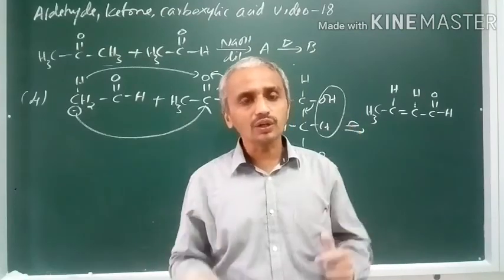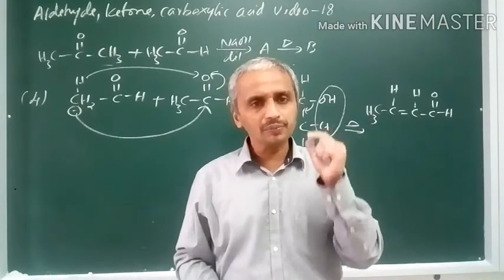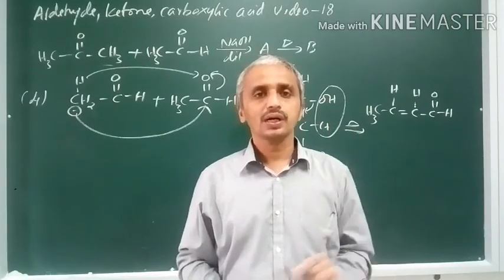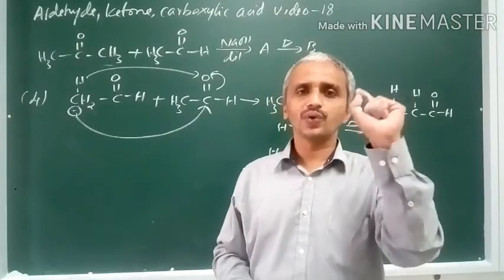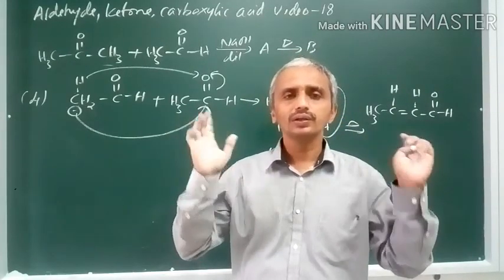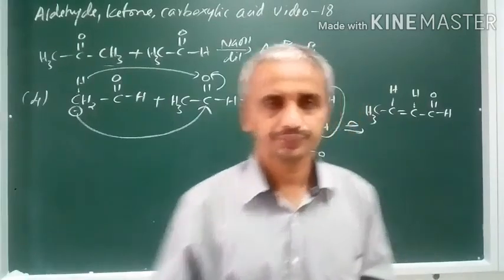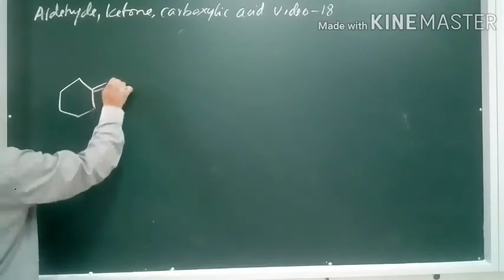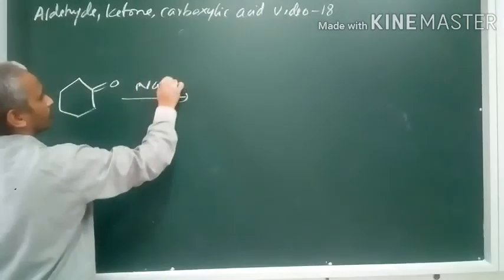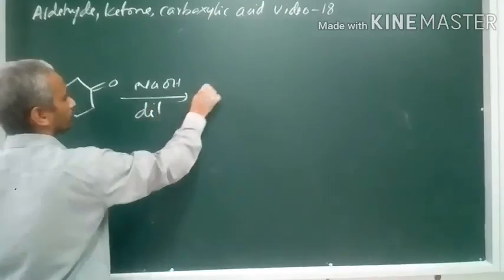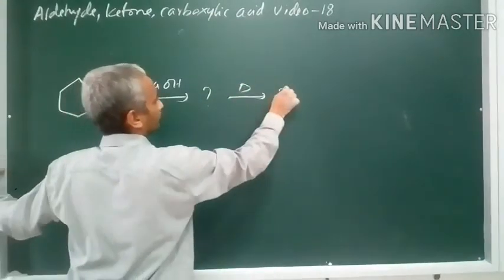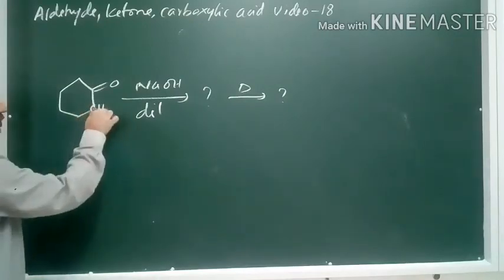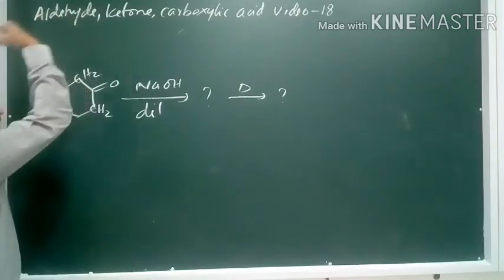When you go for the cross aldol, keep it in mind, a minimum of one molecule should possess alpha hydrogen. The other may or may not have the alpha hydrogen. With that you go for writing the reactions. Take some homework. See here, this is CH2, this also CH2, means alpha hydrogens are present.